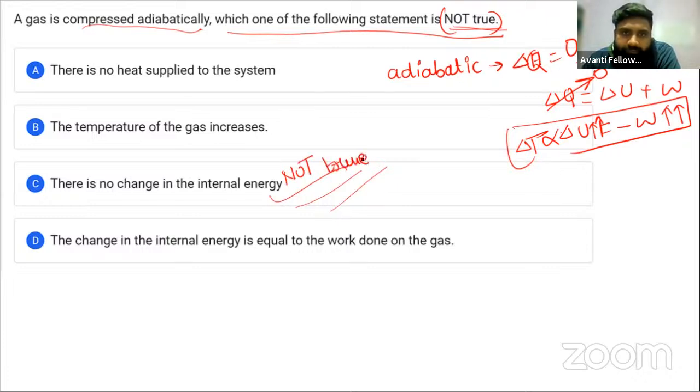So we have to choose this option because this is not a true statement. But if you see, the change in the internal energy is equal to the work done in this process. So yes, from this statement you can say this.